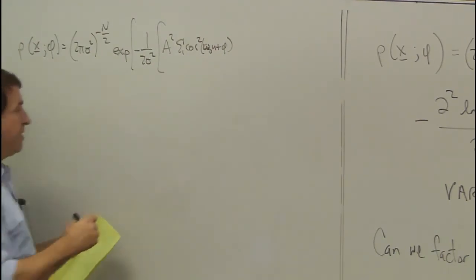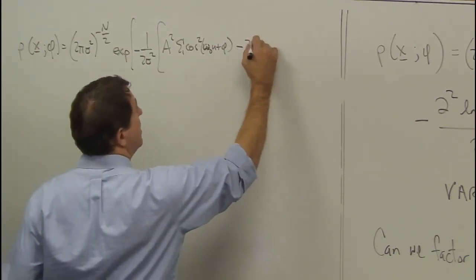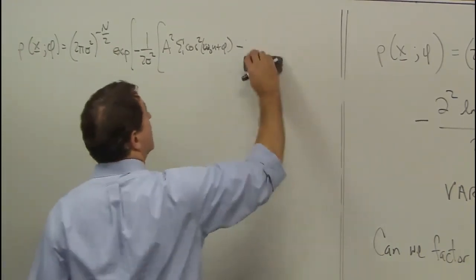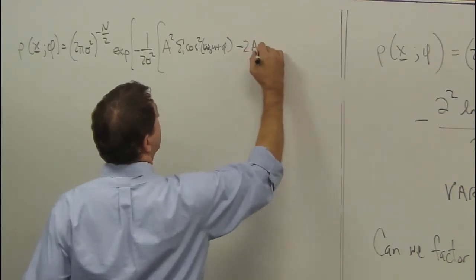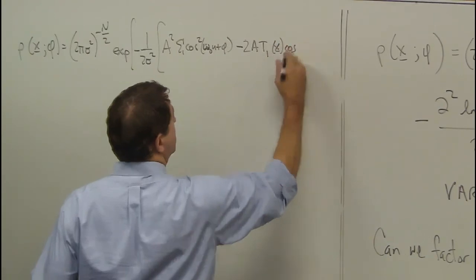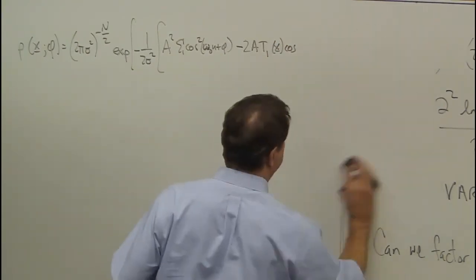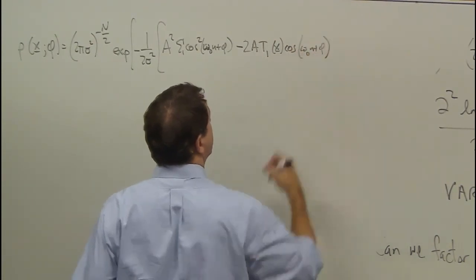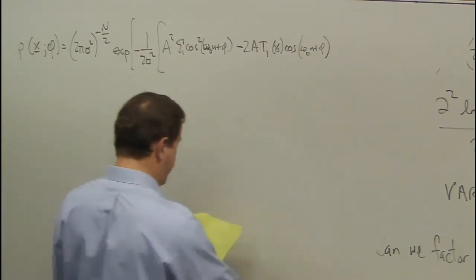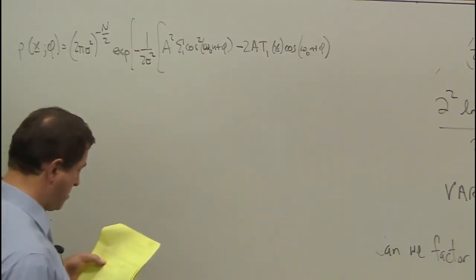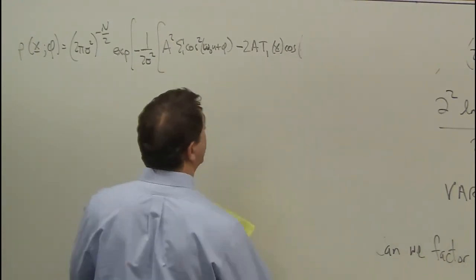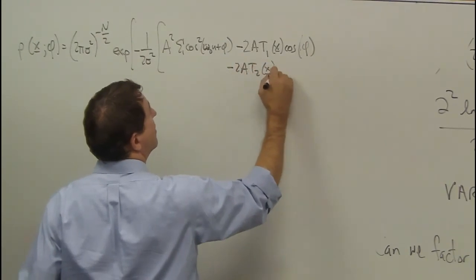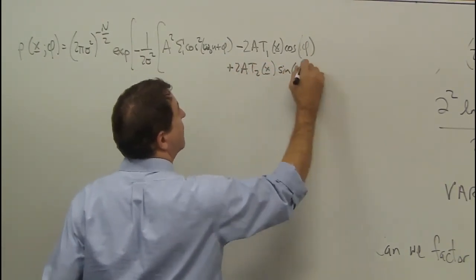Okay, minus 2a t1 of x times the cosine phi, sorry, cosine phi, minus, or plus, 2a t2 of x times the sine of phi.